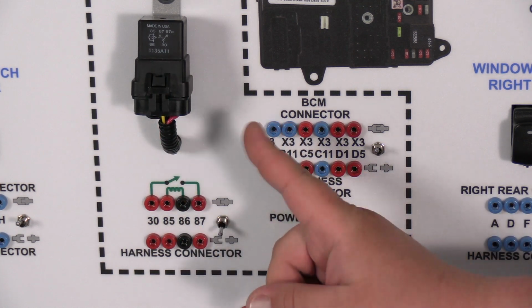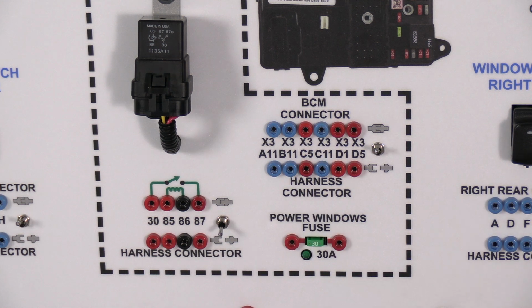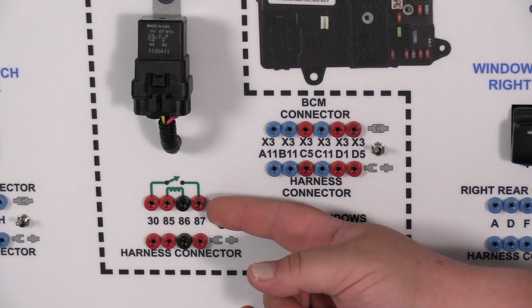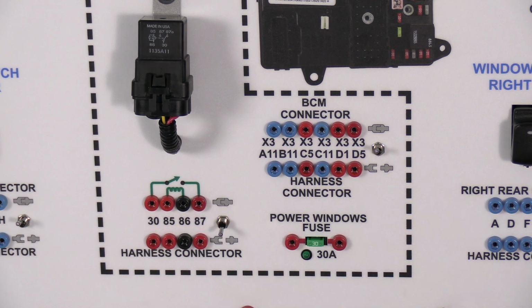We don't want students plugging and unplugging on the trainer because that's how connectors get worn out. And so therefore we've included this toggle switch so the students can easily connect and disconnect to isolate a component or isolate a circuit in order to do a resistance check or to check for voltage. This makes for a very, very easy process and allows your students to have the ability to dial in on their diagnosis very quickly.